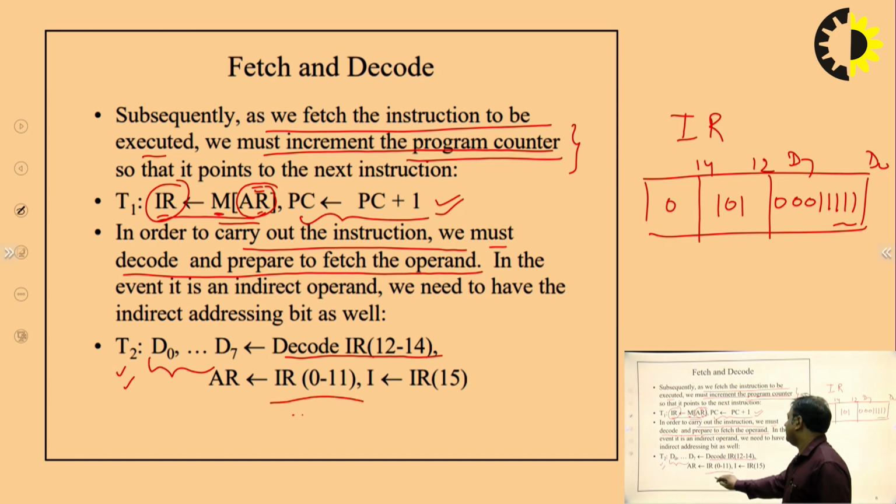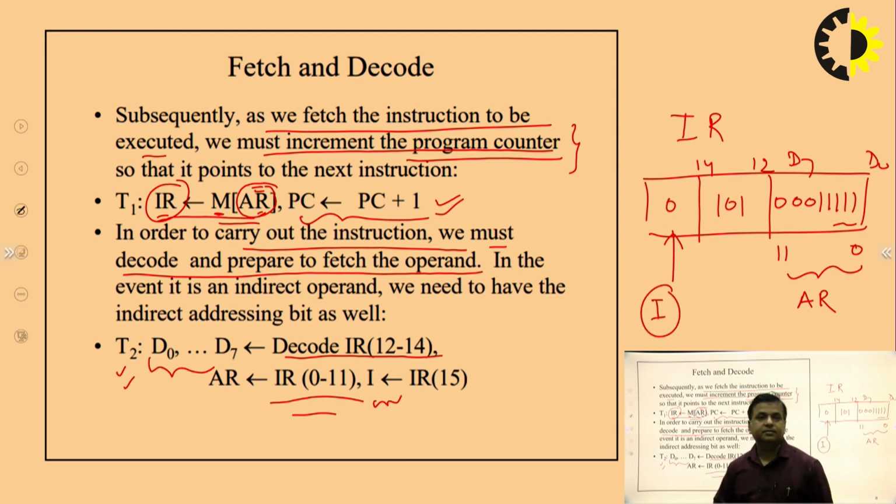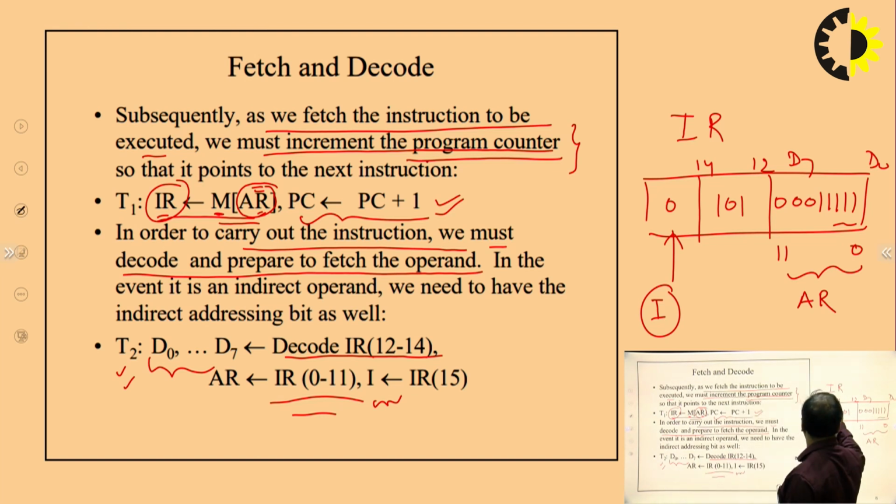Bits 0 to 11 will go into the address register, and this I, that is the 15th bit, that is the I. So once we have received the instruction, that is to be decoded. How will it be decoded?